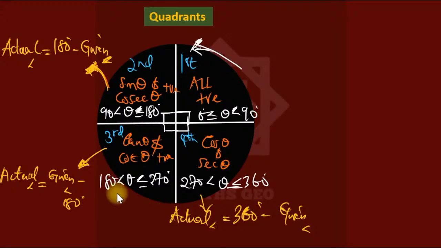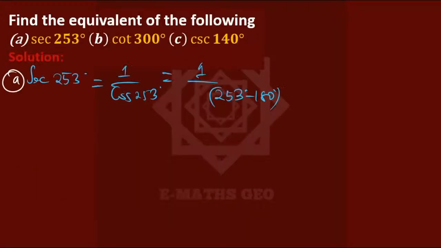Only tan and cos. But they gave us cos, so it's now minus cos. So the answer will now be minus 1 over cos of 253 minus 180, which is 73. So it's equivalent to minus 1 over cos 73.